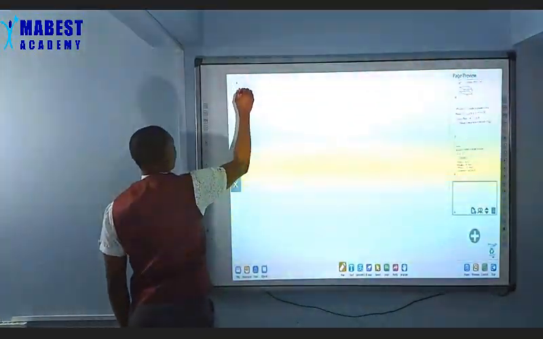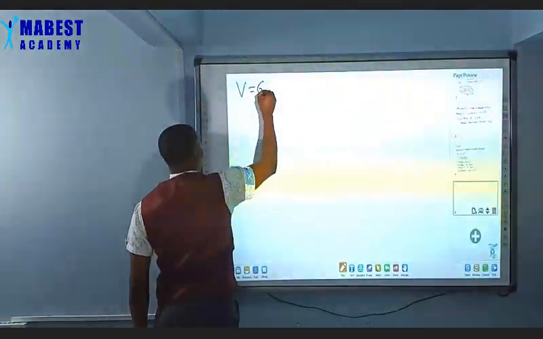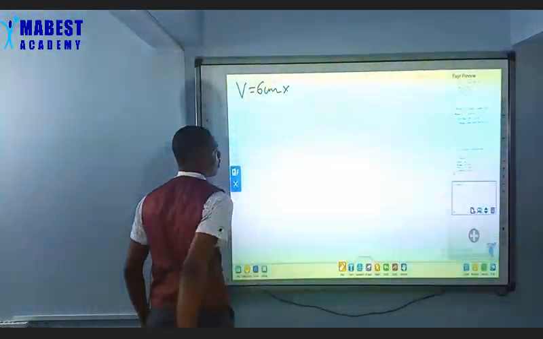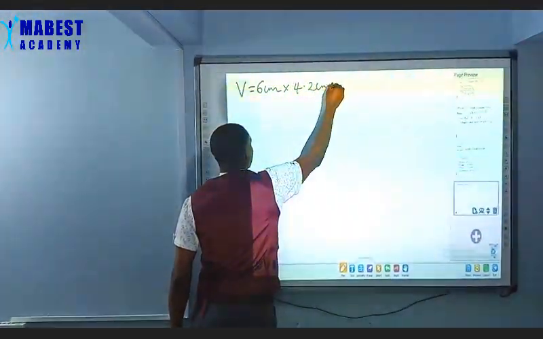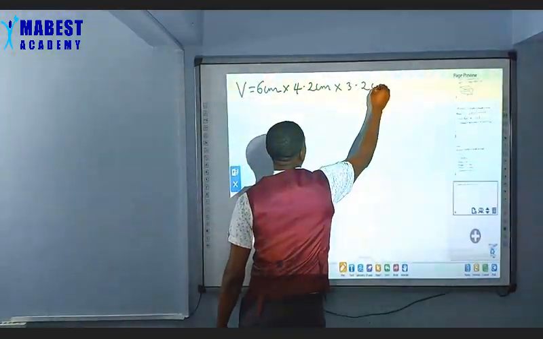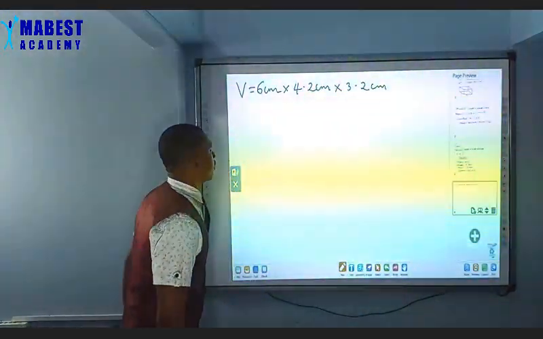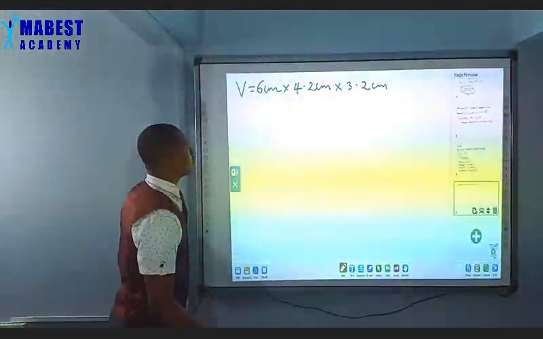Our volume equals the length, 6 centimeters, multiplied by 4.2 centimeters, multiplied by 3.2 centimeters.